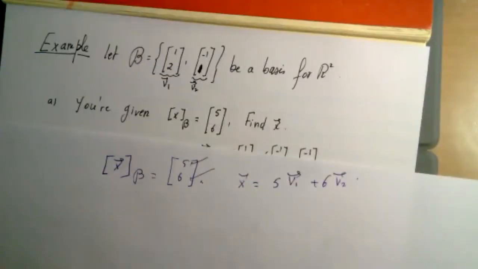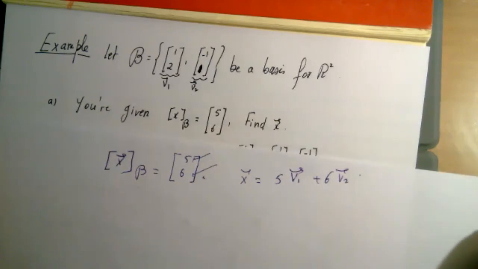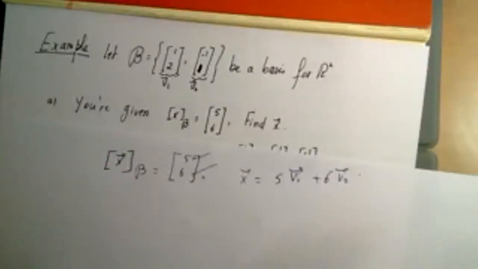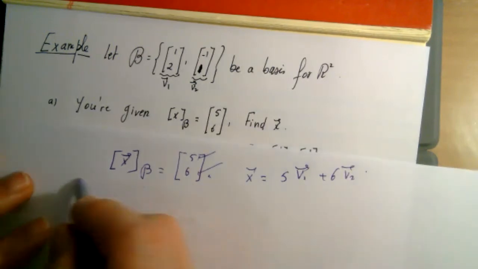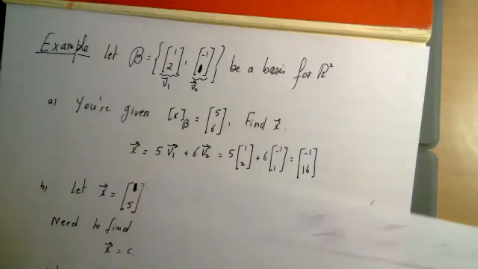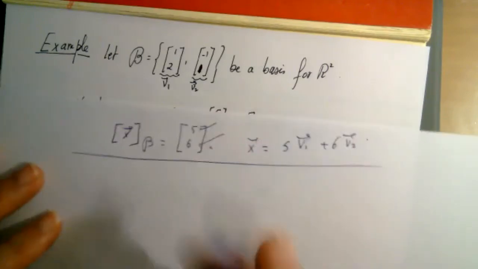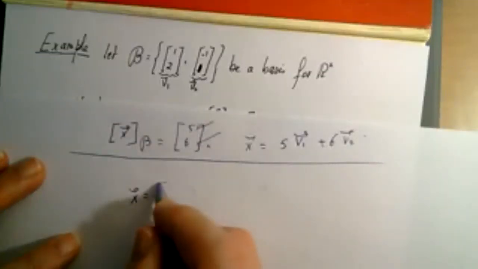So I'm giving you how to get to a vector, but not using the regular coordinate system, by using V1 and V2 as my new coordinate system. So that's what this notation means. Question number 2 is, I'm going to give you a vector. So I tell you, let X be the vector (1, 5).